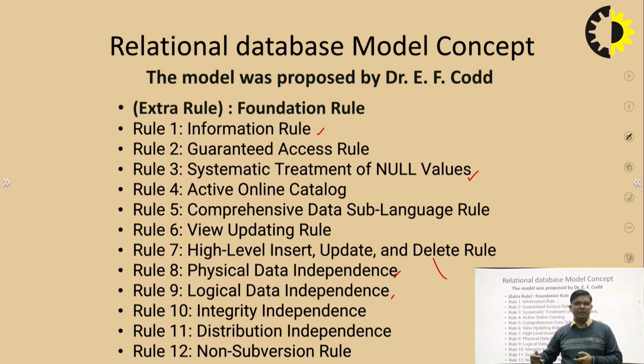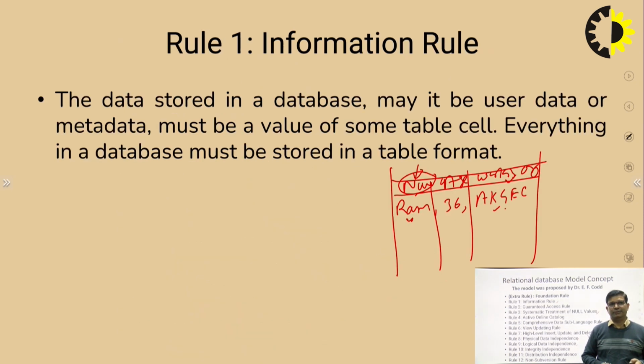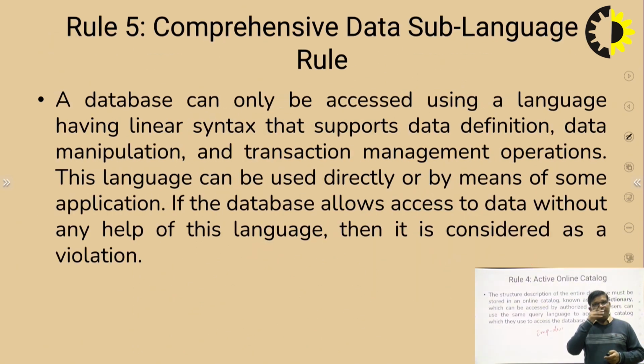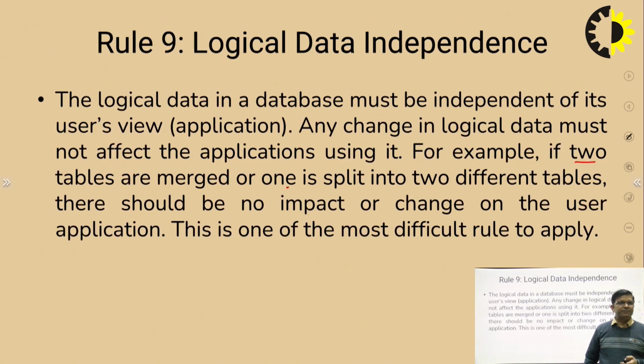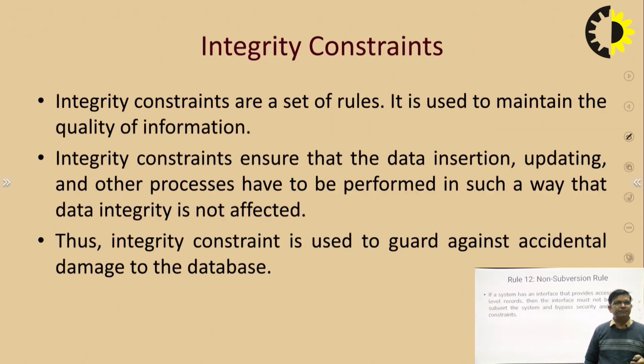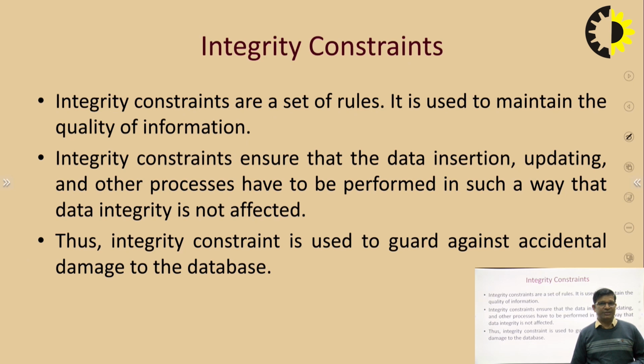These are the advanced topics. If we follow these rules of RDBMS, then we can say we are handling a true RDBMS. Now comes a few more topics that are also related to RDBMS, integrity constraints.